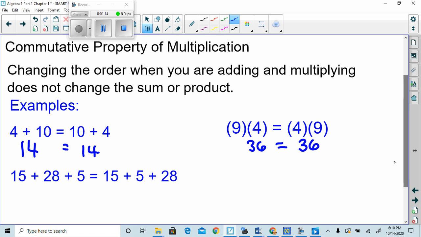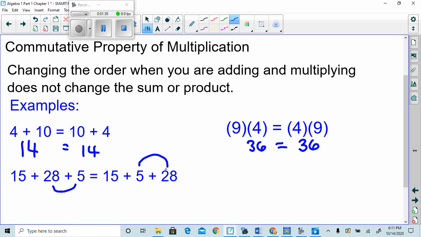In this third problem, I have 15, 28, and 5. So I have 15 plus 28. If I did order of operations, I'd go from left to right. But what happened in the second side, you notice that I changed the position of the 28 and the 5. I did a little commutative property right here.